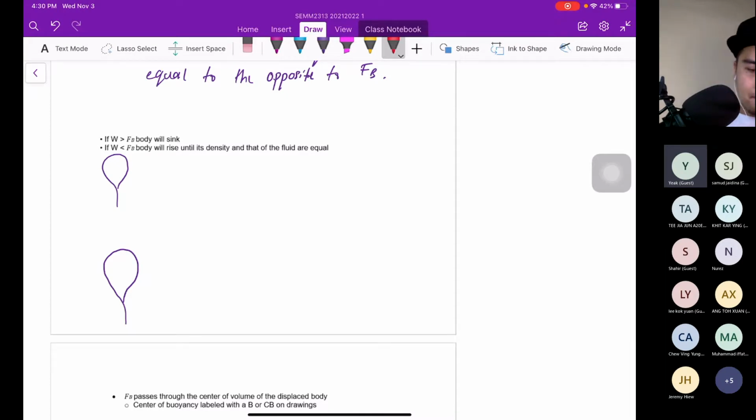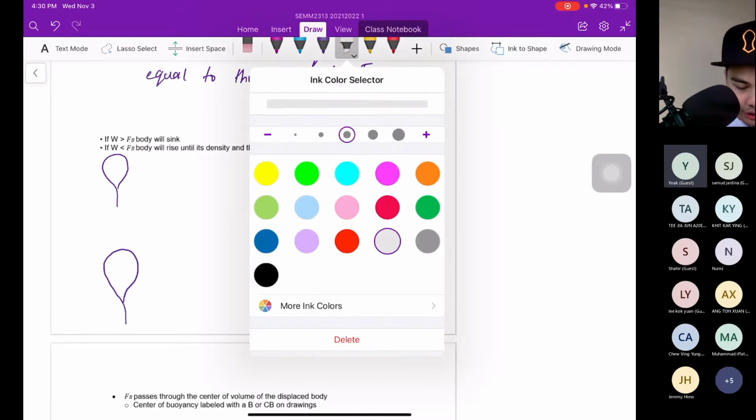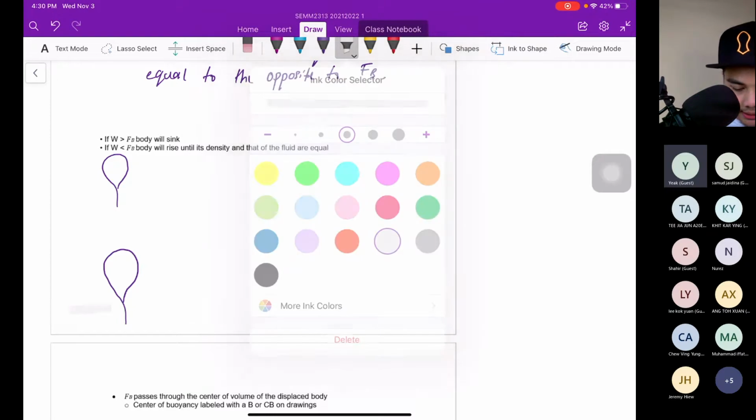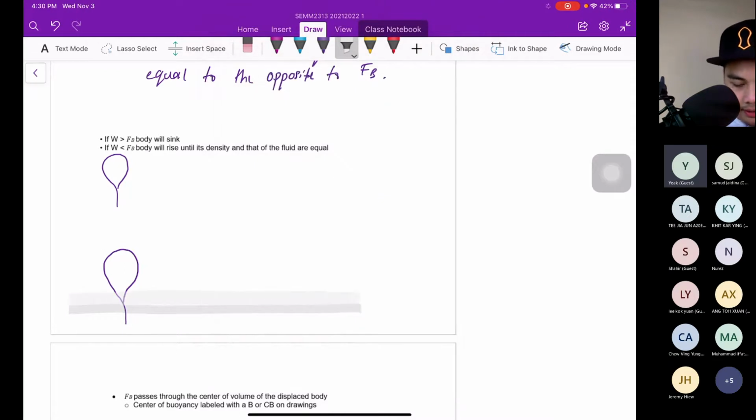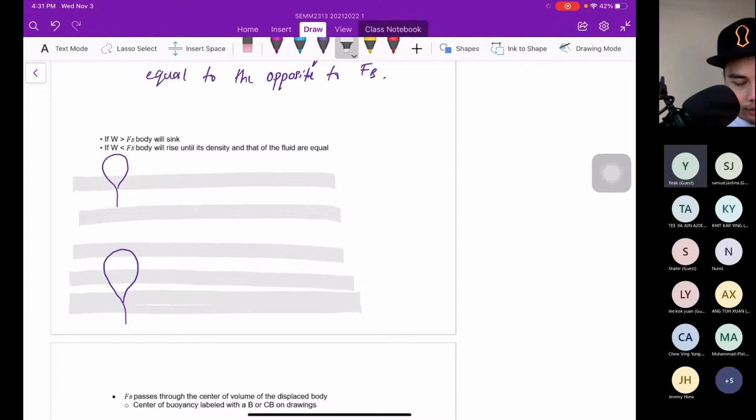All right, so I want to draw attention. Let's say this is considered the atmosphere. At this level, the density of the atmosphere is high. The higher the altitude, the density of the air is very, very small.